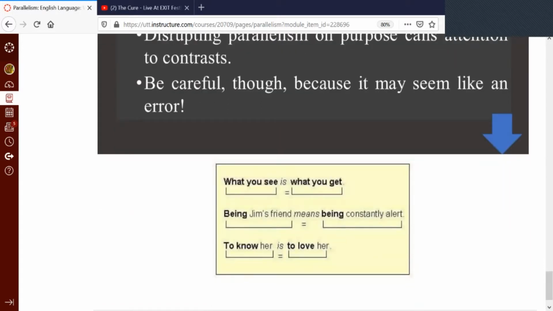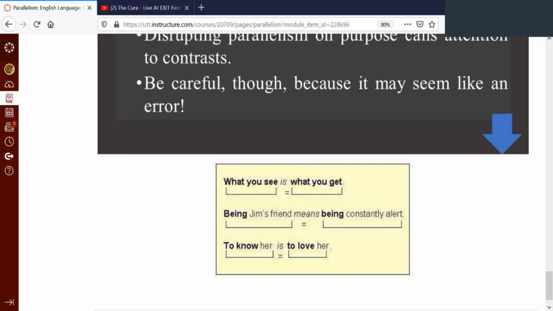So here are some examples. What you see is what you get. Here, the phrase starts with a relative pronoun followed by a personal pronoun. It's not acting as an interrogative, it's the other one.